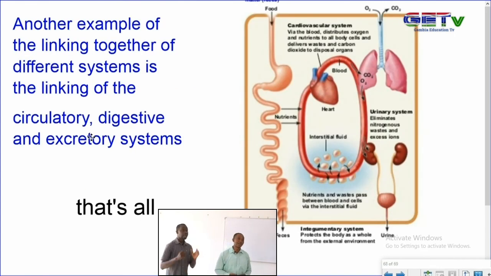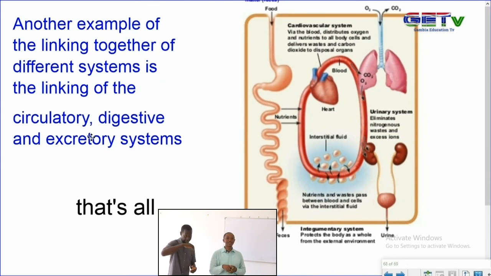Another example of the linking together of different systems is the linking of the circulatory, the digestive, and the excretory systems. Let's take a look at the diagram there. Now, the digestive system, of course, is linked with the circulatory system so that they themselves get nourishment and are able to do their work, and their finished product is sent to the circulatory system.